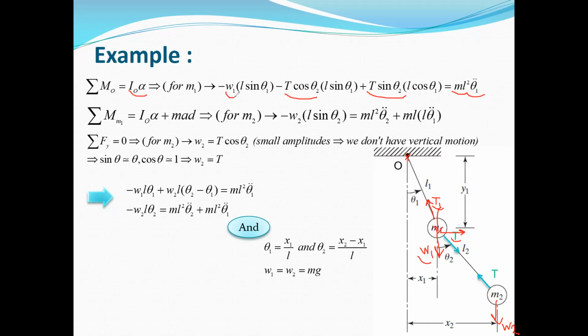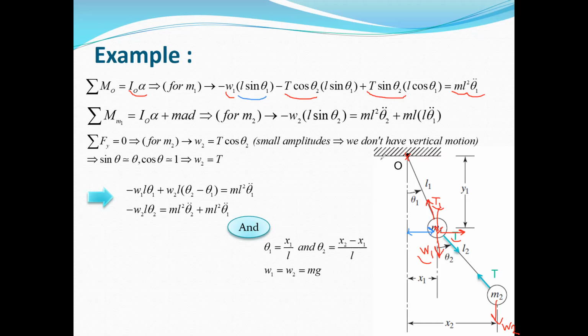Here you can see all of these forces will be multiplied by their arms. For W1, the arm is this length, which is L1 times sine theta 1.